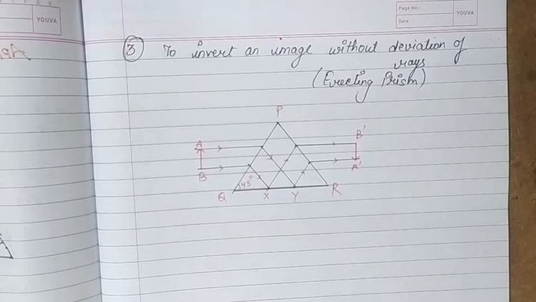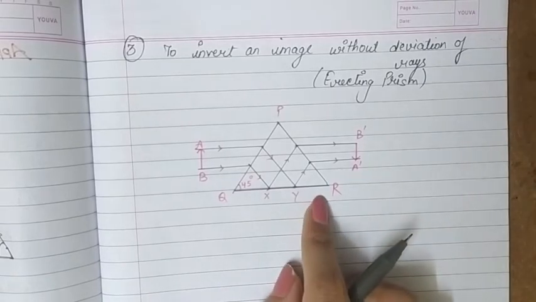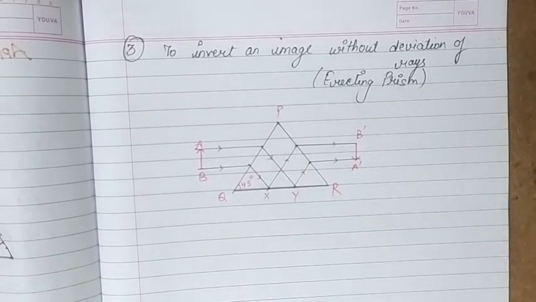So these are the advantages of the totally reflecting prism, or the applications of this totally reflecting prism. The advantage of using this prism as an inverter of image instead of a plane mirror is that there is no loss of intensity in the case of the prism. In the case of plane mirrors there is always some loss of intensity, while in the case of the prism, the light gets totally reflected.